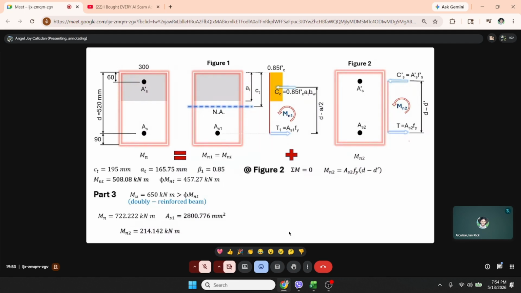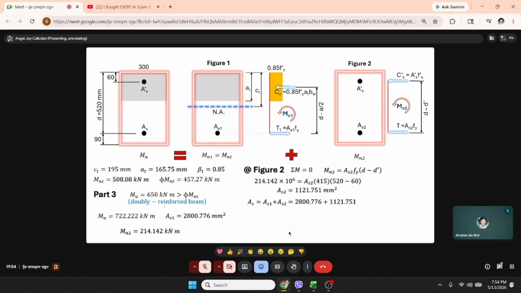So, here, nag-assume lang sa na mo-yield. So, Fy ang gigamit. So, Mn2 times 10 raised to 6 to convert to Newton mm equal to AS2 times Fy na 415 times 520 minus 60. And we have AS2 na 1,121 square mm.